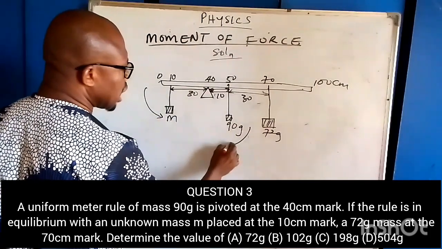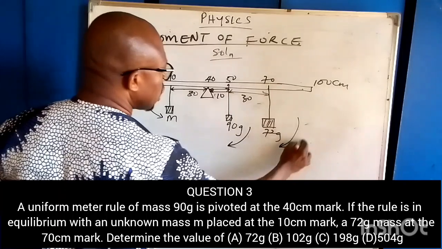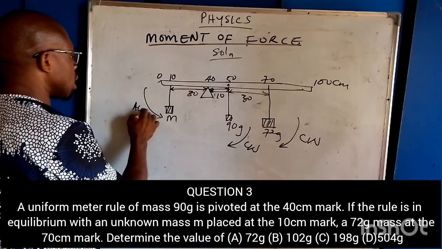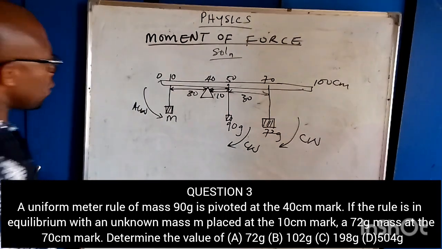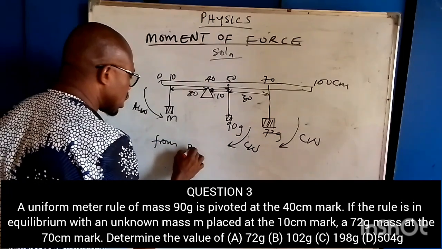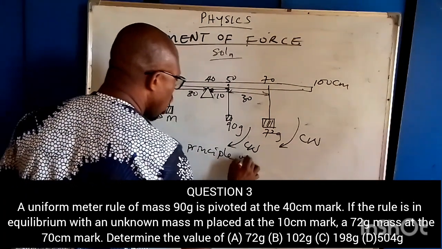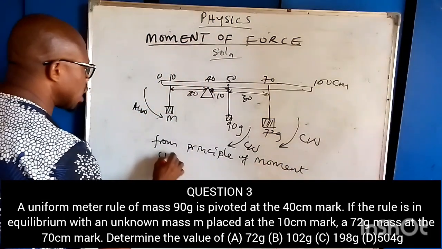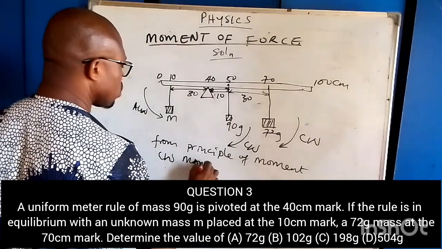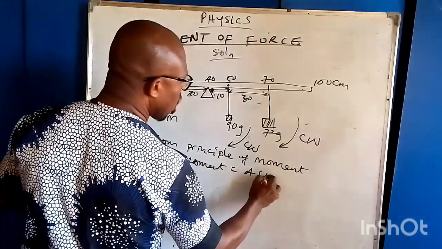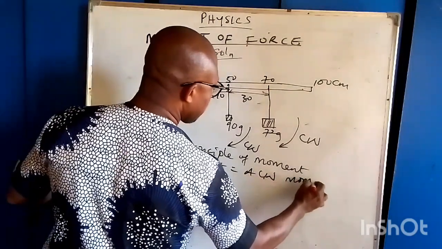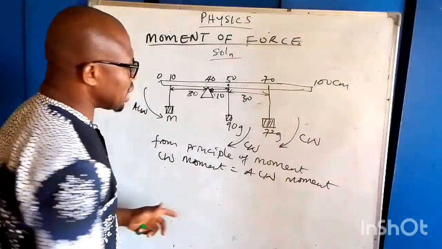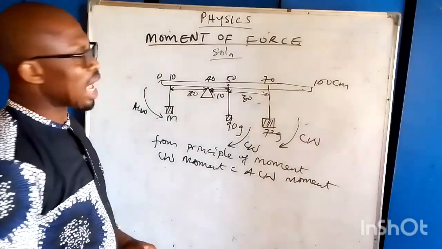Now at this point, you can put your arrows. There will be two arrows here: this one clockwise, this one clockwise, and this one anti-clockwise. From the principle of moments, we have clockwise moment equal to anti-clockwise moment. There are two clockwise moments here, this one and this one, and you must add the two.